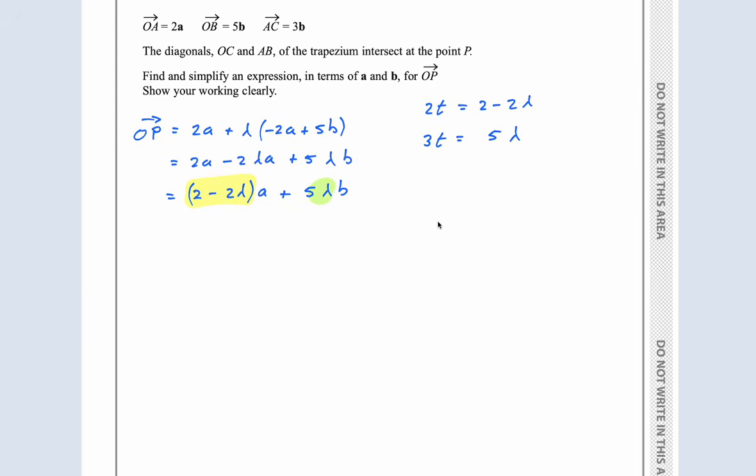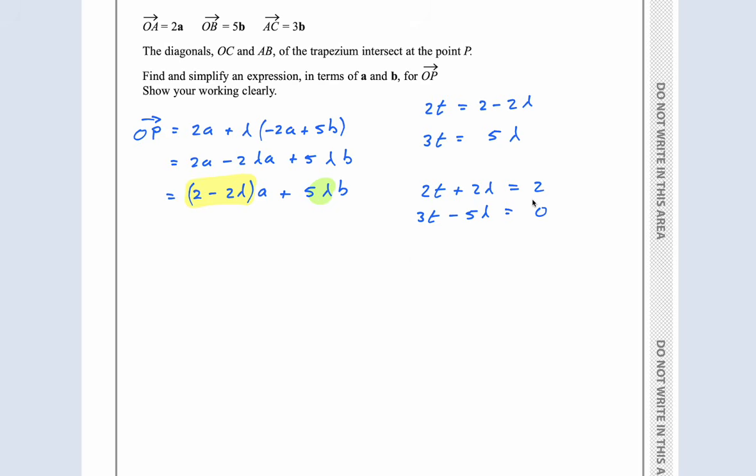The top equation I'm going to write as 2t plus 2 lambda equals 2. And this one I'm going to write as 3t minus 5 lambda equals 0.